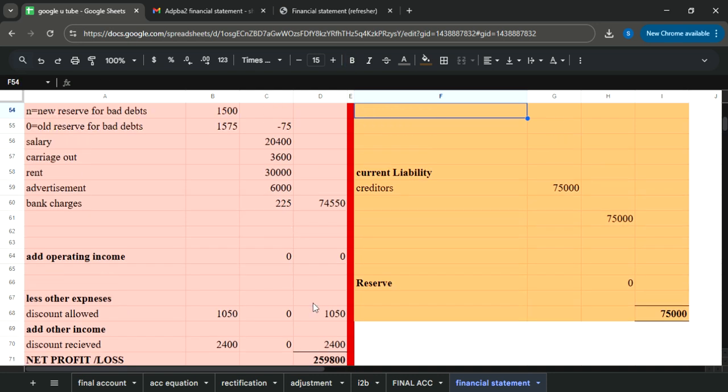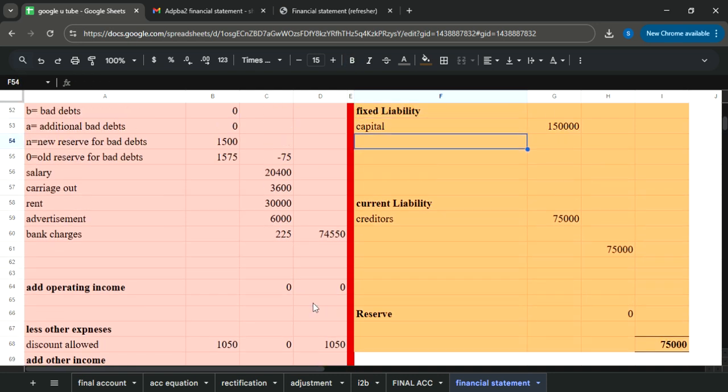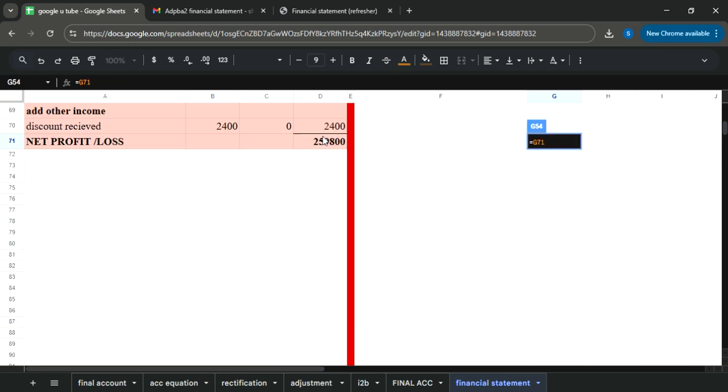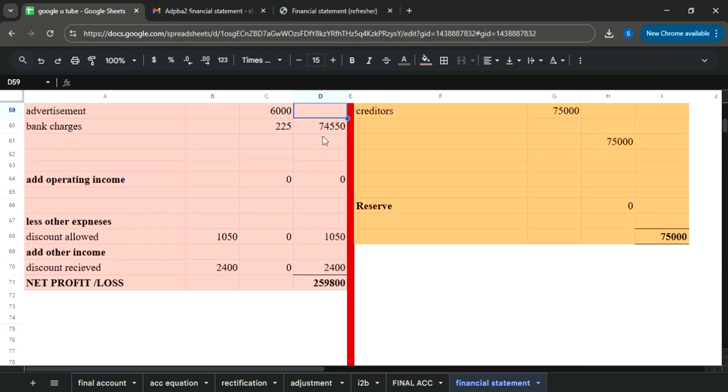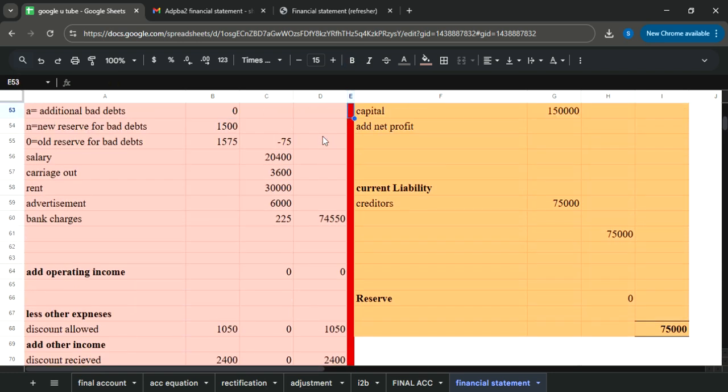So next step is to take this net profit and add in capital. This is your net profit, and how much you have calculated, 259800. 259800 was the amount, and we were supposed to write over here 259800.